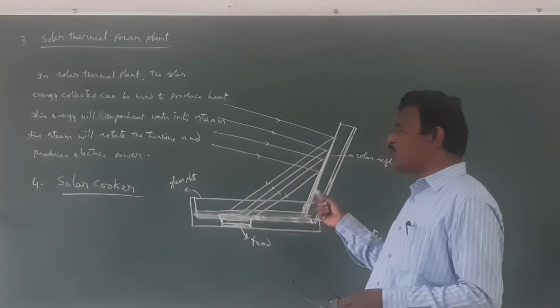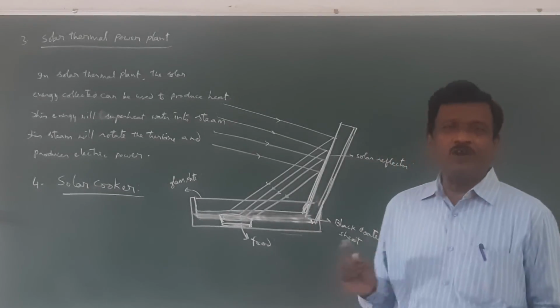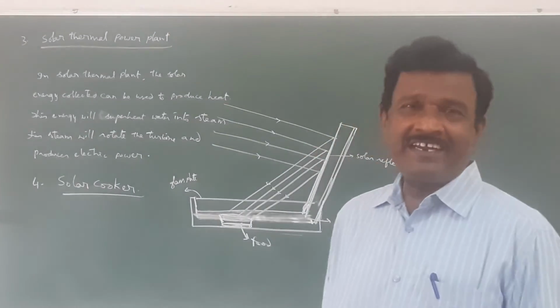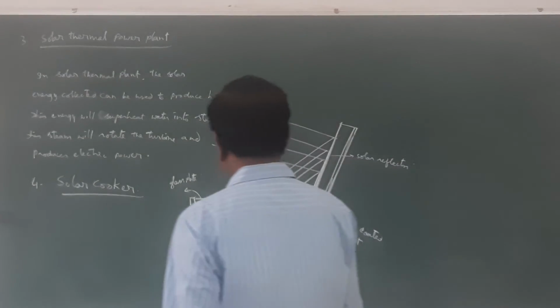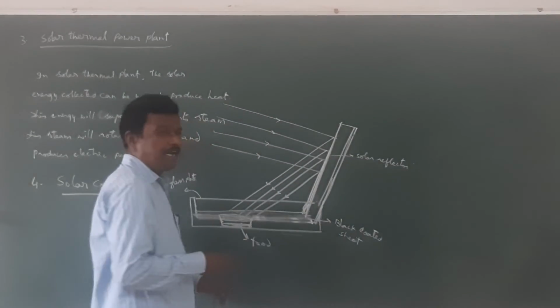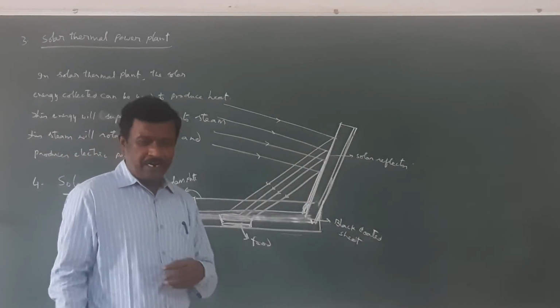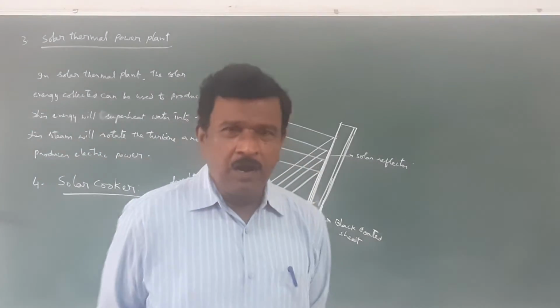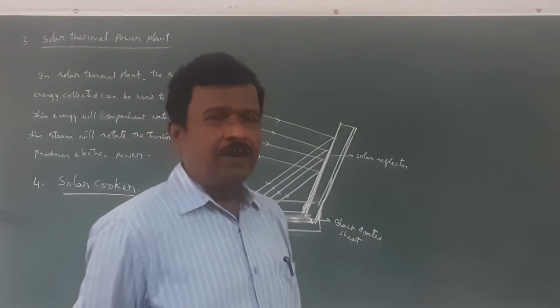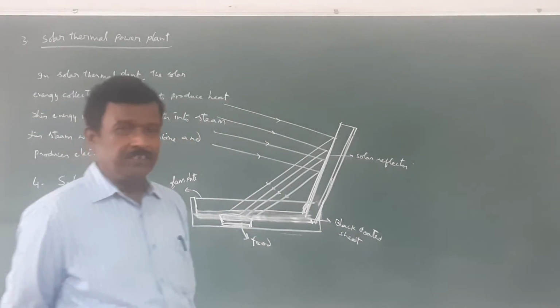The drawback in the cooker is you cannot use the solar cooker during night time and also in shaded areas. In the shaded areas, the solar radiation is not available, therefore you cannot utilize the solar energy.